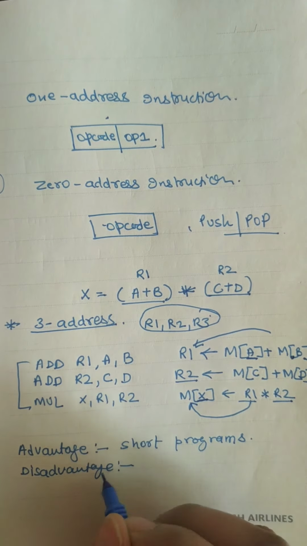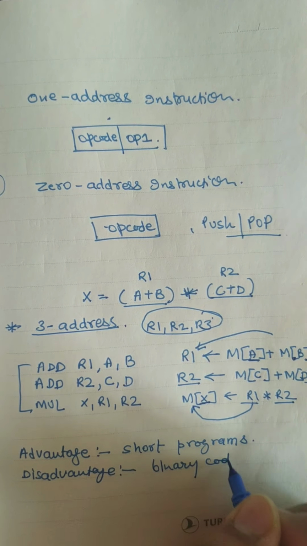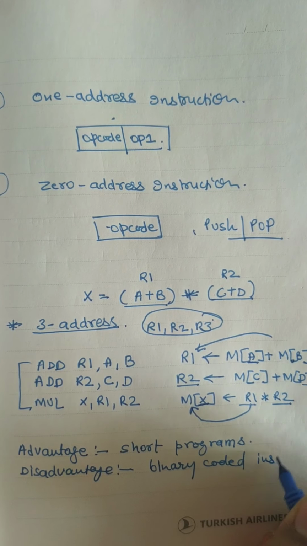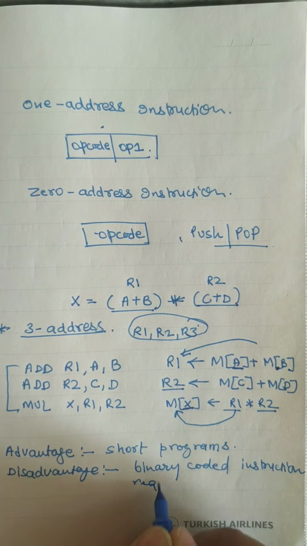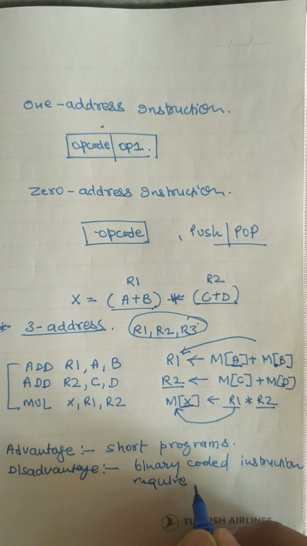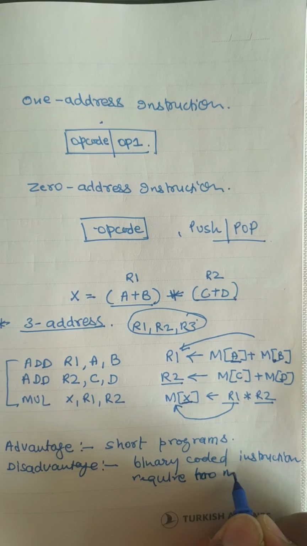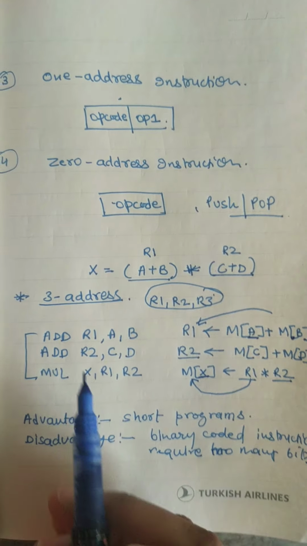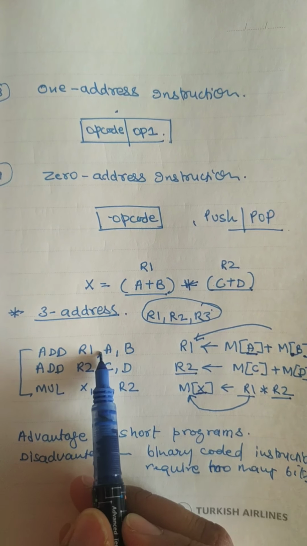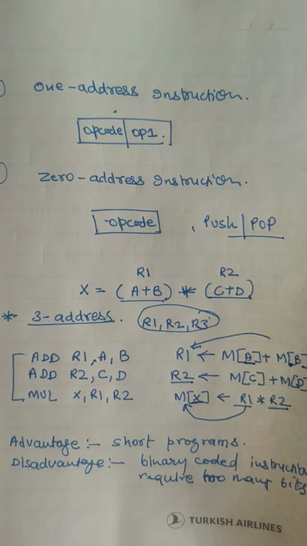The disadvantage may be that binary coded instructions require too many bits. As we convert this in binary language, it will need more bits as compared to other instruction formats.